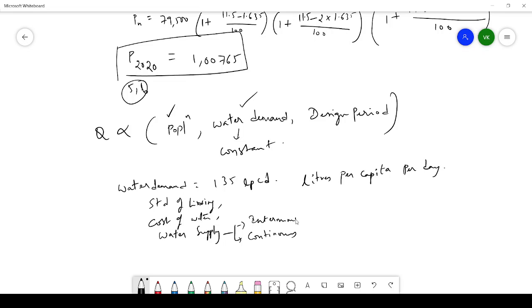Intermittent supply means in a day you might supply water for 1 hour or 2 hours, like that. In continuous supply, water will be provided 24/7. Similarly, whether the water tap connection is metered or not. Metered connection.